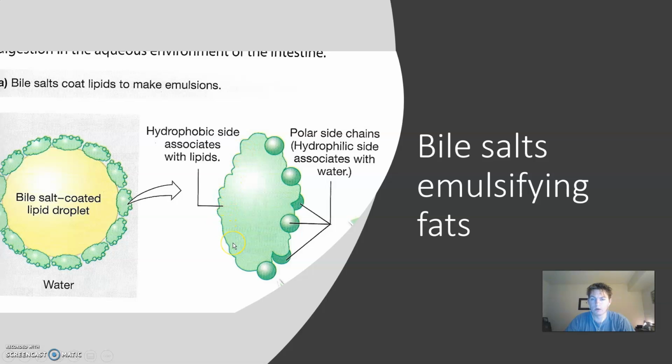That double-edged sword is able to coat these lipid droplets and make smaller emulsions in the liquid, breaking it down even further from the larger emulsions. It's really important that bile salts have that hydrophilic region because it allows fats to dissolve in water more readily.